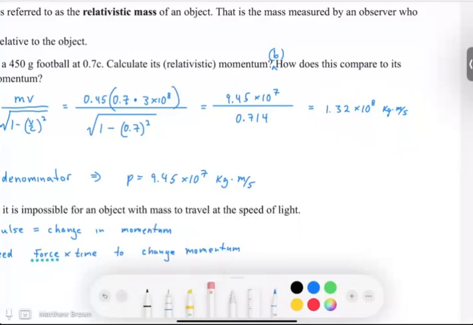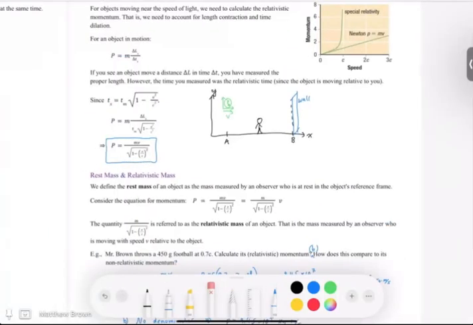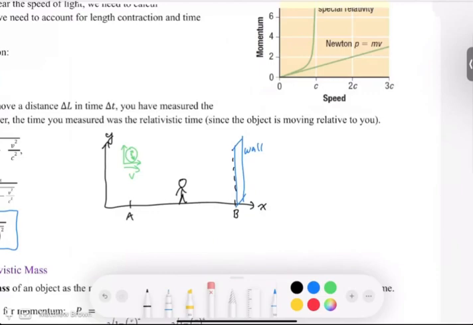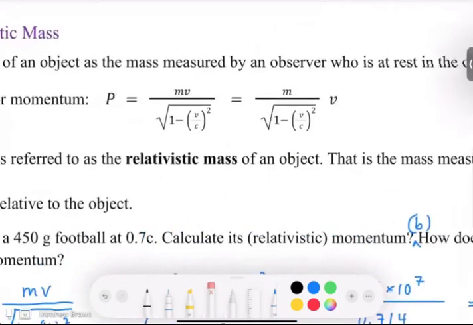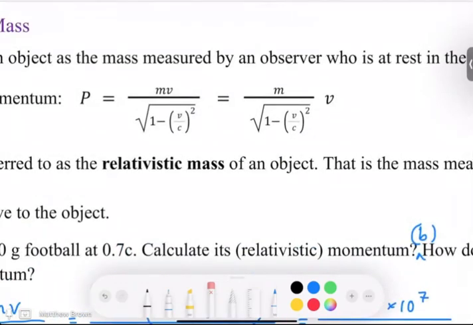And more importantly than that, look at the equation. If you look at the momentum, if you wanted to put in c here for your speed, if you want to actually get to the speed of light, well, if this is c, then that just becomes 1 minus 1, which is 0. So the denominator of this thing would be 0, which means the momentum would be infinite.